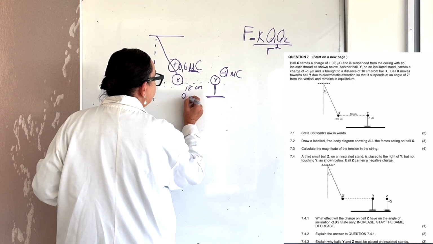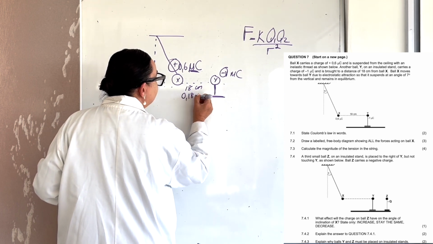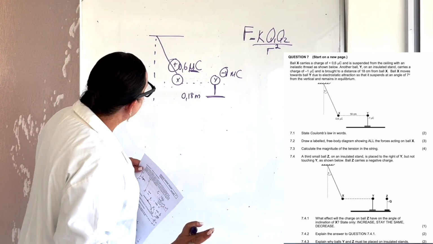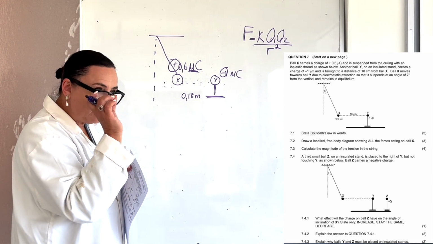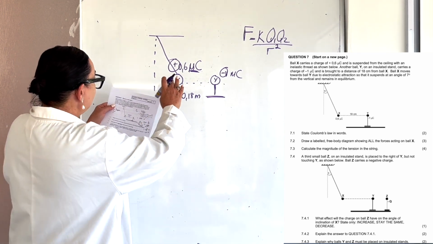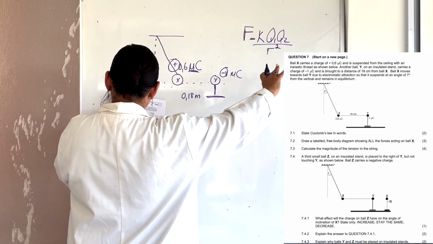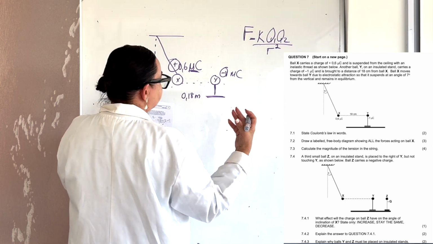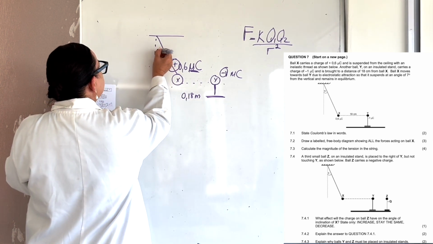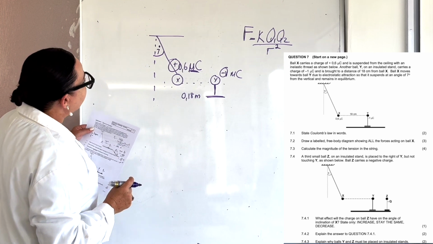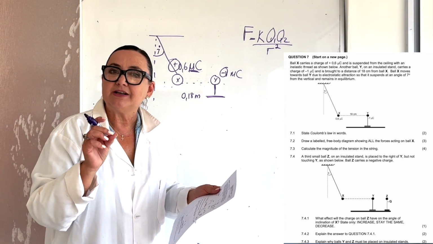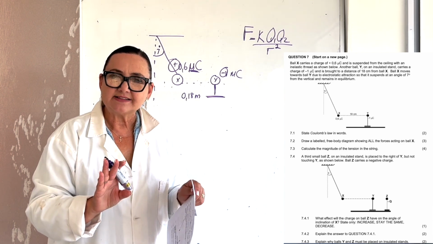I'm going to write already here 0,18 meter. So just be very careful as you read, be very alert. Then ball X moves towards ball Y due to electrostatic attraction, so it suspends at an angle of 7 degrees to the vertical, and then it remains in equilibrium. So the whole thing stands still.